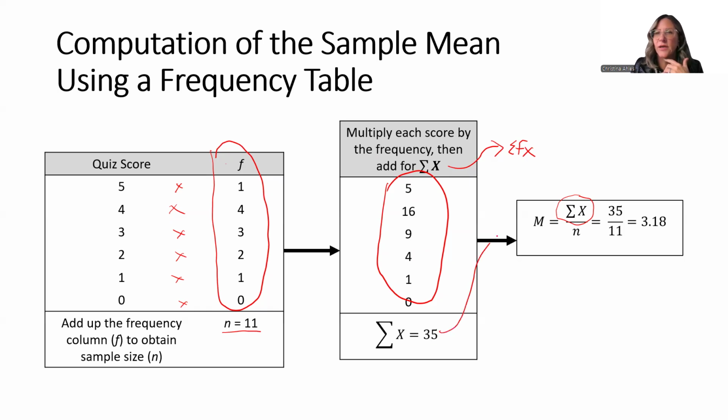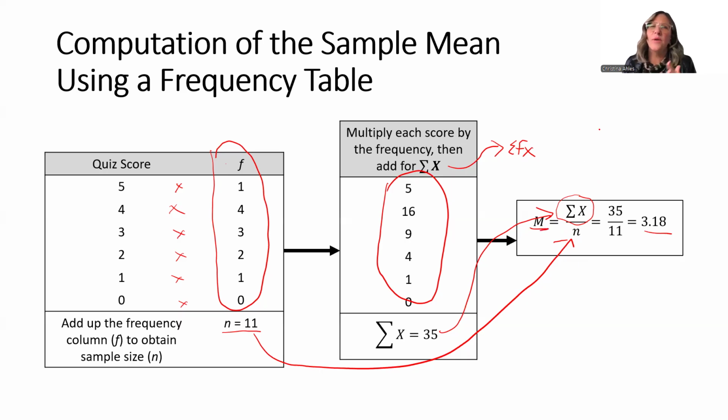And then that would go in your numerator. And then the frequencies, you add up the frequencies, and that goes into your denominator. So our mean would be 3.18. And because this is a sample, we report with a capital M. So that's how we would use a frequency table over raw scores.